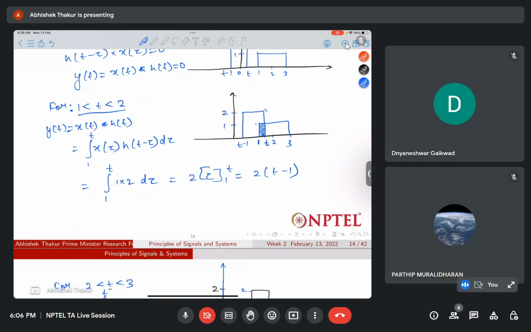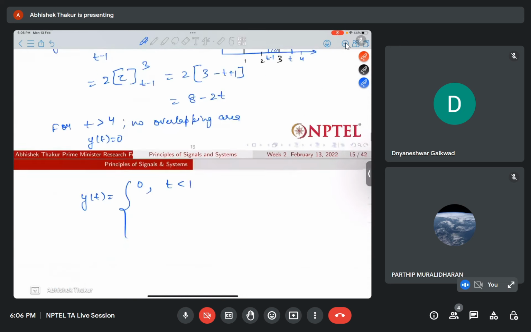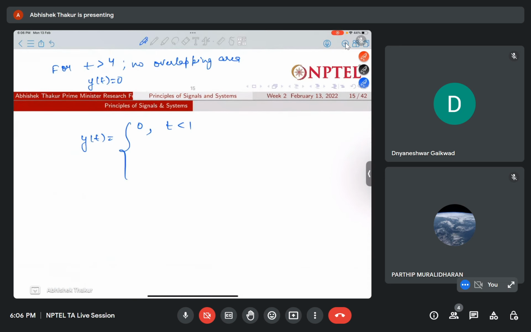For t 1 to 2 our output is 2 into t minus 1, and it is 2 when t is between 2 to 3. Okay, and it is 8 minus 2t when t is between 3 to 4, and it is 0 again when t is greater than 4.